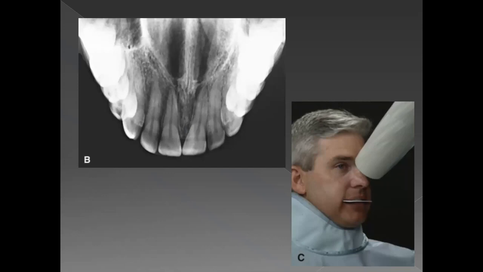This is done, as you can see, with the occlusal X-ray lying between the patient's teeth, and the X-ray beam is fired through the nose at a 45-degree angle. So if this patient, let's suppose, could not open his mouth and he had some problem in the anterior maxilla you wanted to evaluate, instead of relying on an OPG, you can just do an upper anterior occlusal.